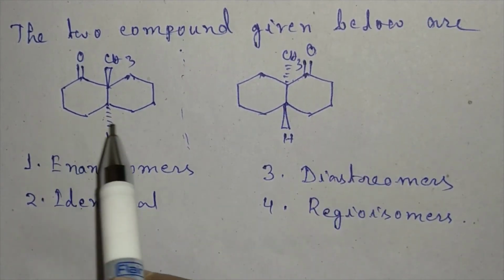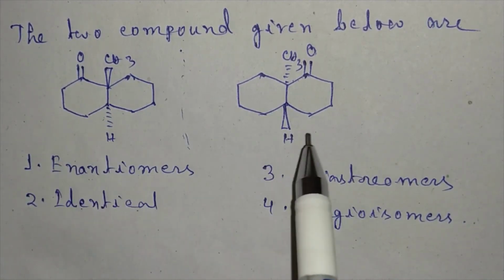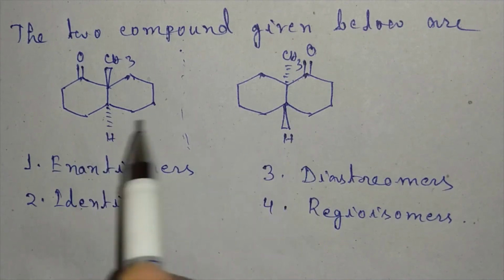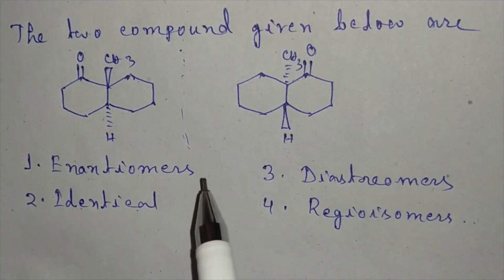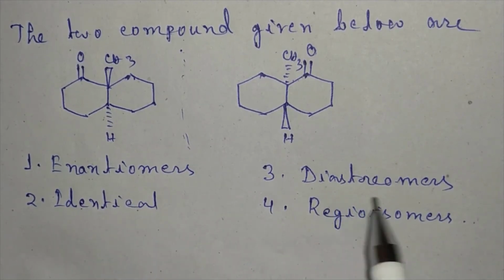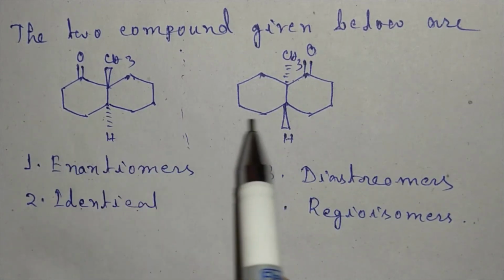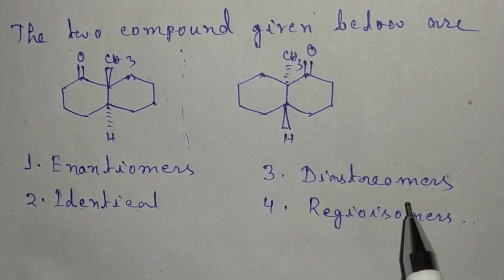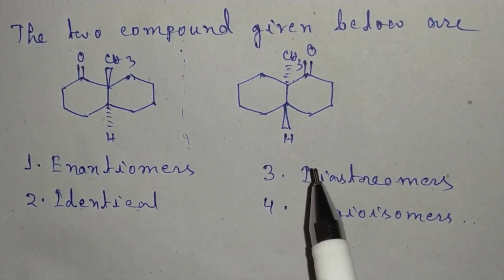Here the interatomic connectivity between all these atoms is similar, so these are not regioisomers. So it may be either identical or diastereomers. Two compounds that do not have mirror image relationship may be diastereomers. These two compounds may be diastereomer or identical.